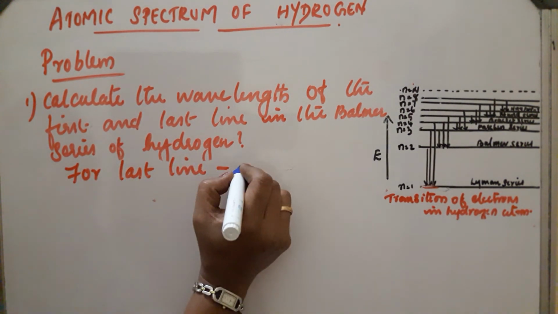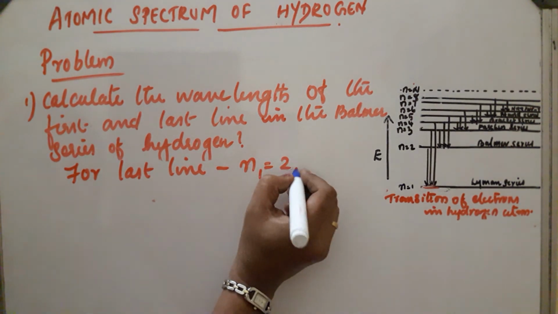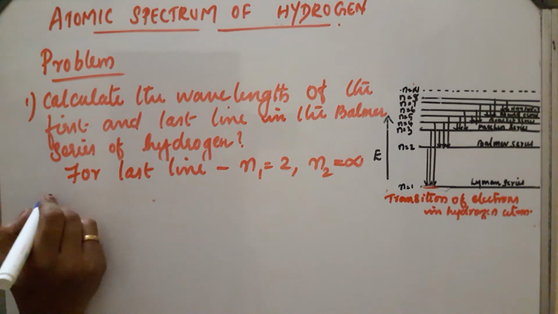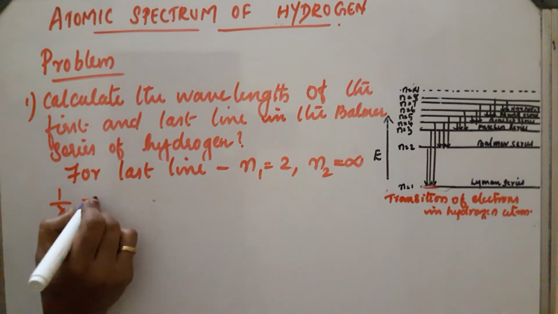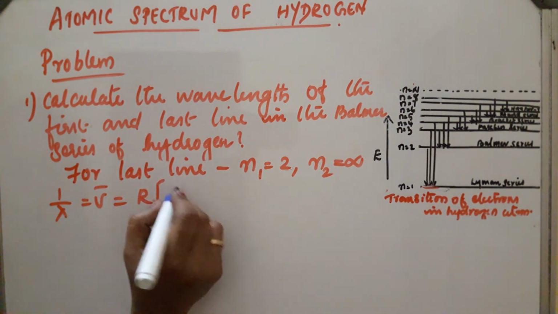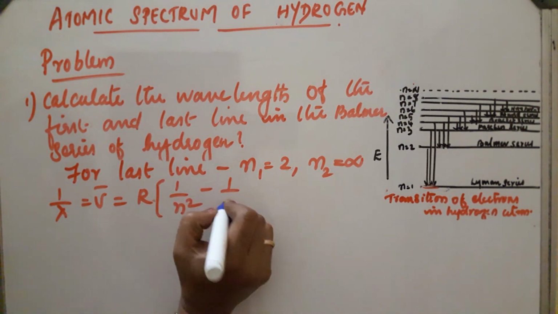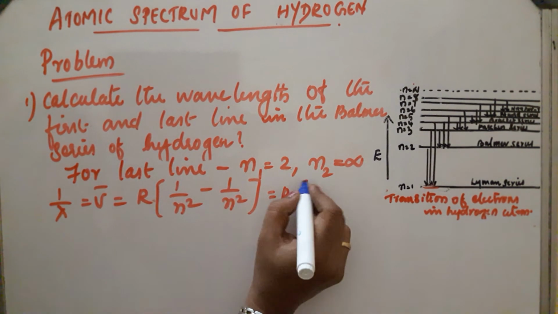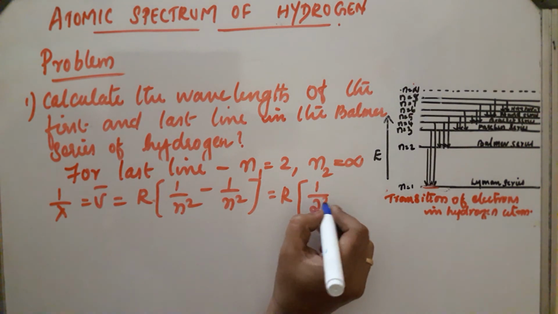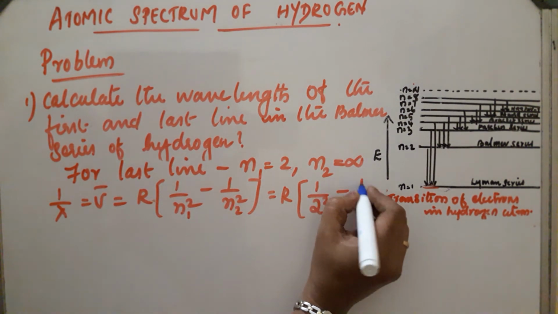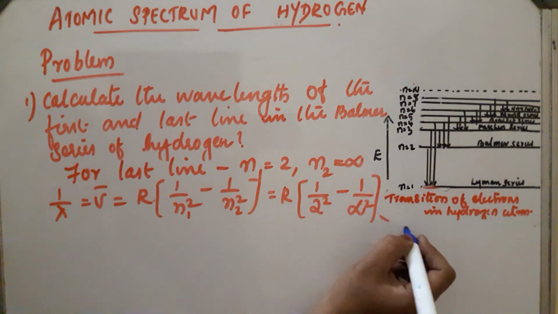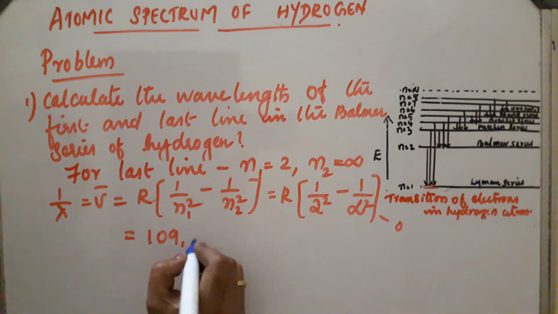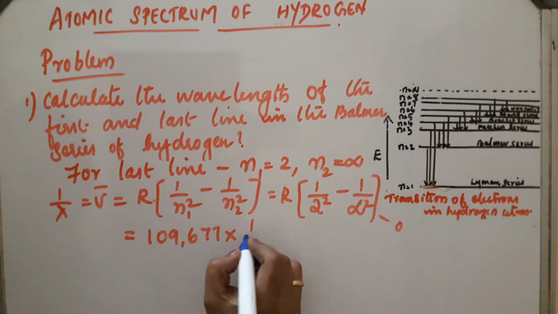Next part of the question is, how can we calculate the last line? In the case of the last line, n1 will be equal to 2, but n2 is equal to infinity. So we can substitute in the formula. We know 1 by lambda or nu bar is equal to R into 1 by n1 square minus 1 by n2 square. This is equal to R into 1 by 2 square minus 1 by infinity square. This value is 0, so this is equal to 109677 into 1 by 4.